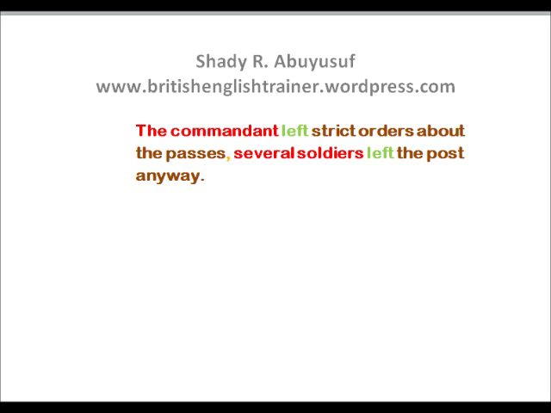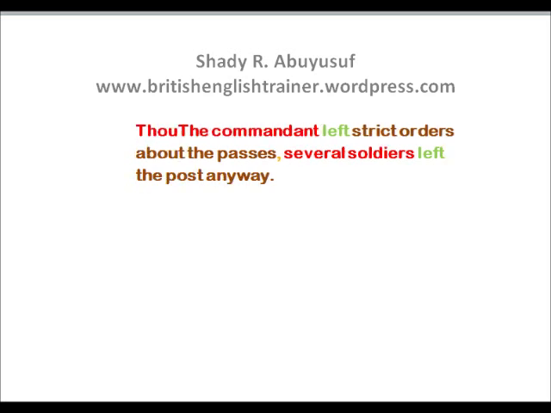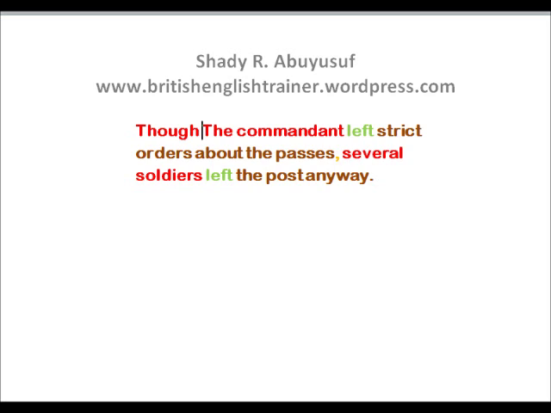Now let's think about a contrast connector, so we can put something like though at the very beginning. It will be something like, though the commandant left strict orders about the passes, several soldiers left the post anyway. Well, that's fantastic. In this case, the sentence becomes correct.